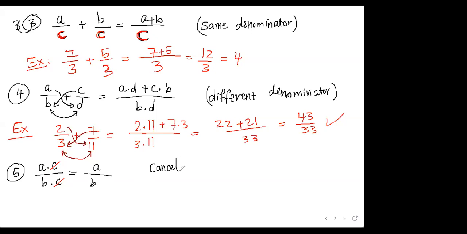So here we can cancel numbers that are a common factor in both the denominator and numerator.